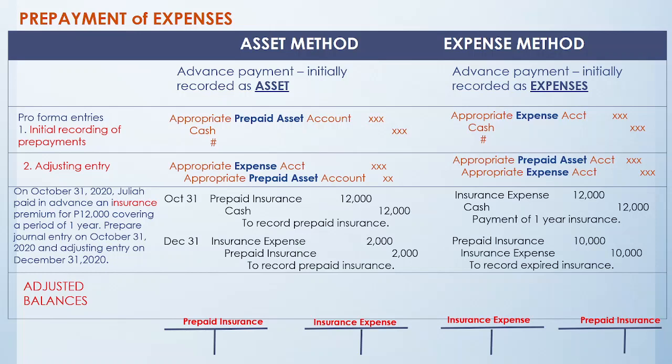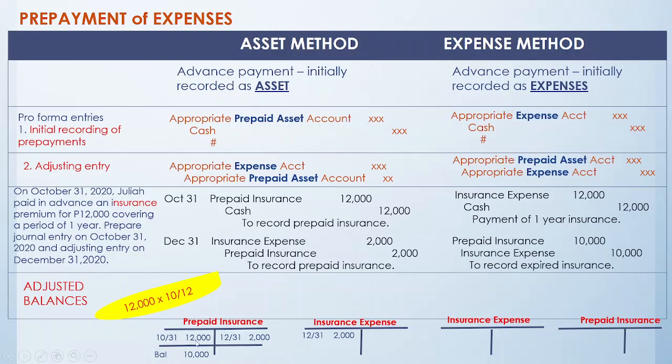Alright, so on October 31, under asset method, we debit prepaid insurance, and we credit cash. Okay, and on December 31, we made a debit of insurance expense and we credit prepaid insurance.